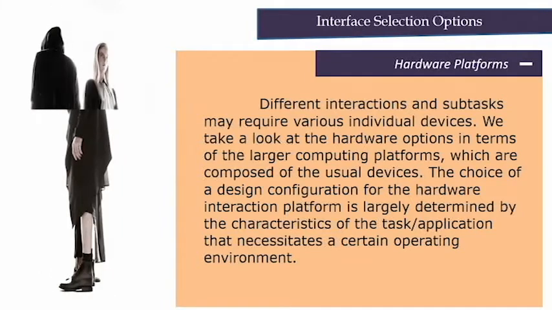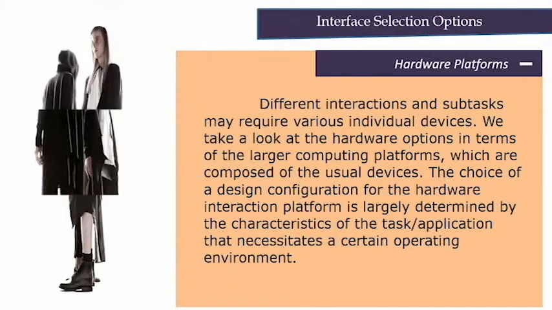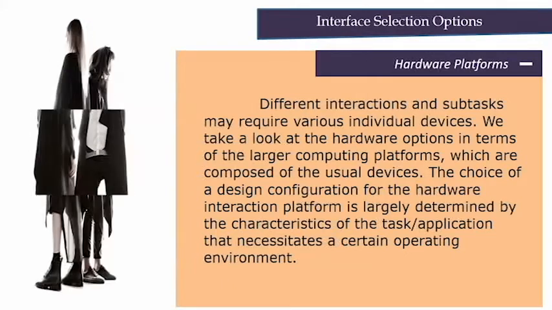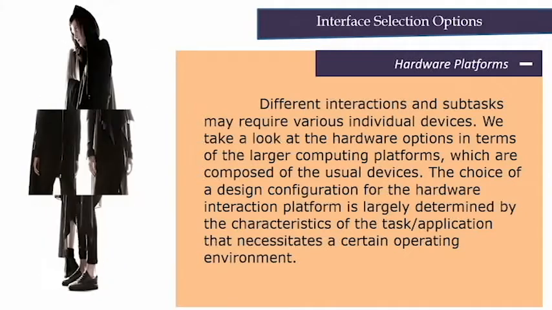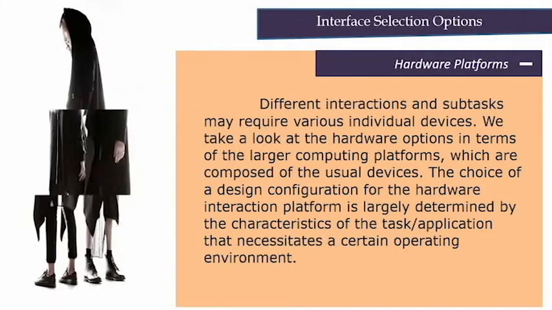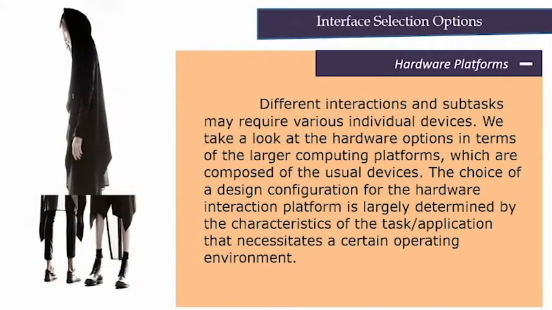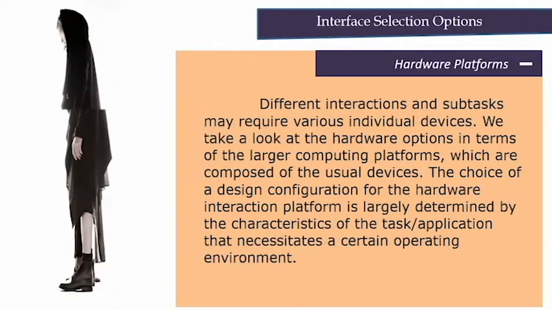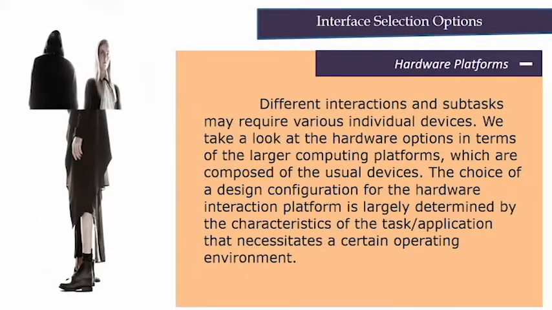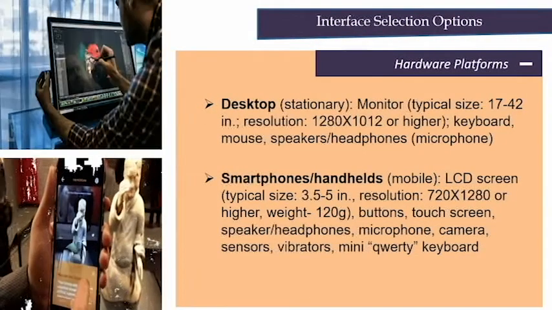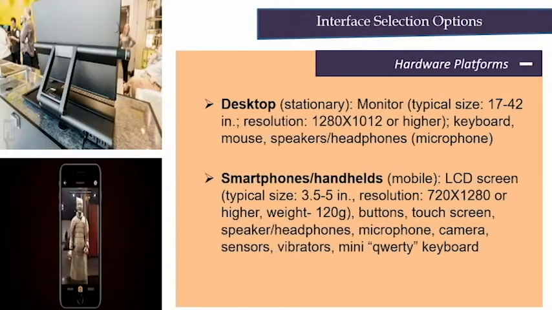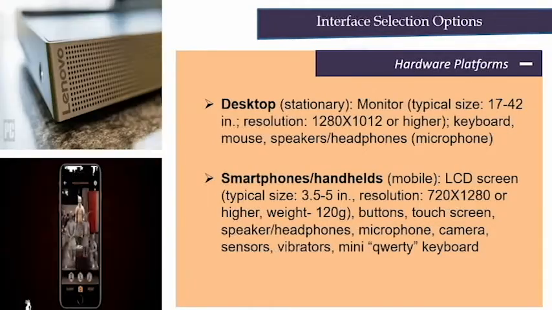So in designing an HCI interface, we need to know which hardware platforms can be used. Here we have listed different platforms that are suited for and reflect various operating environments.